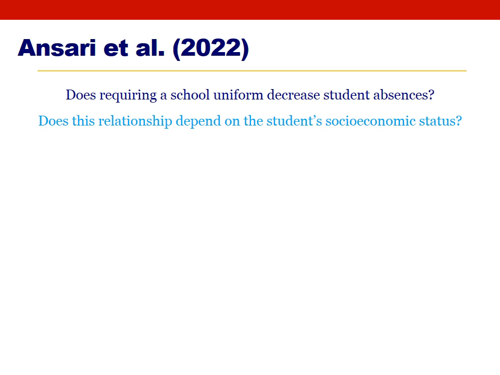One of the variables that they looked at was comparing schools that require uniforms against schools that don't require uniforms to see if overall one type of school has better attendance than the other. Another factor they looked at was the socioeconomic status of the school. So they looked both at public schools and at private schools to see if there was overall differences in attendance between those two types of schools.